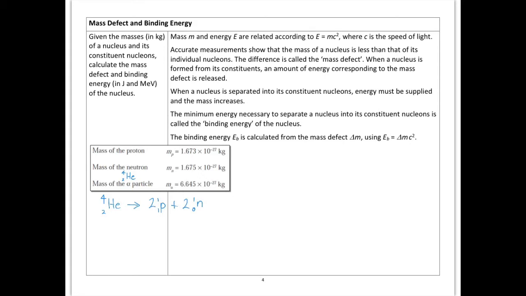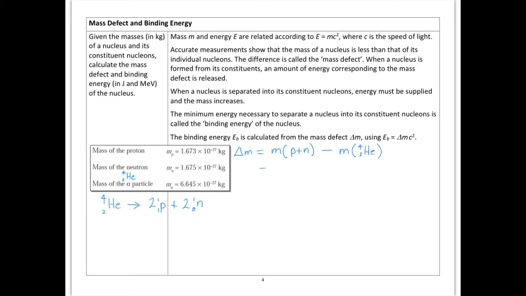So, firstly, the mass defect would be equal to the mass of the constituents, which is the protons plus neutrons, subtract the mass of the helium nucleus.